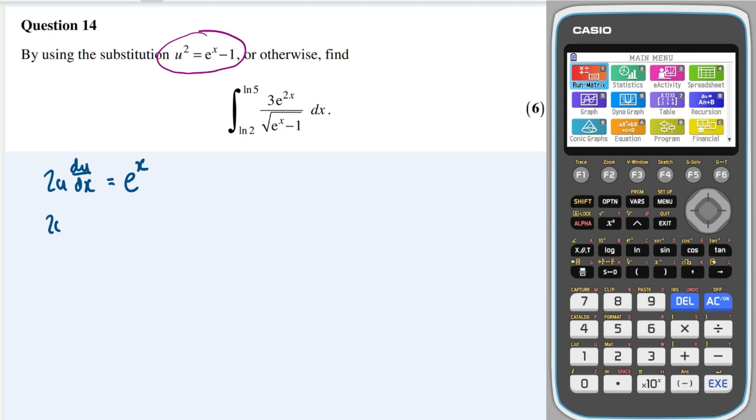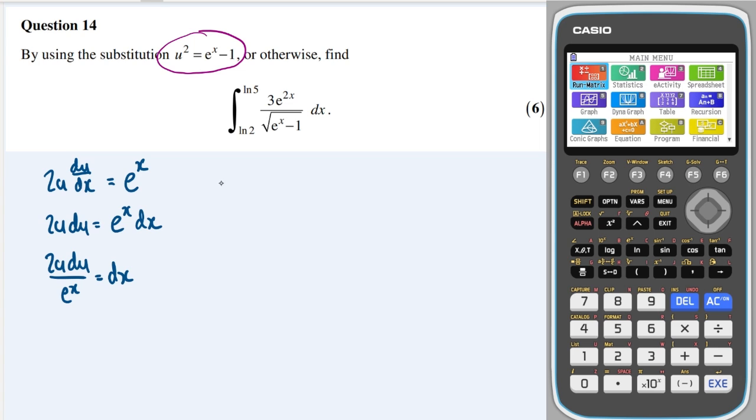Okay, let's multiply it up to get the dx on that side. And I can divide through to get dx as the subject, and that's going to be helpful when I sub it in, because it's going to cancel an e to the x, which will be helpful.